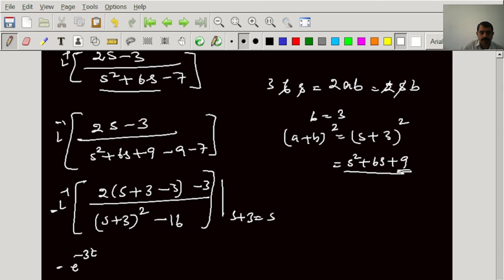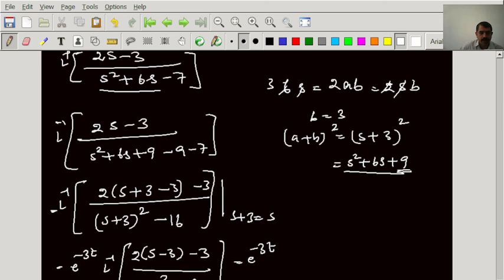Then s plus 3 is written as s and minus 3 is there, so it is in the bracket, so we write 2s minus 3, minus 3, one more minus 3 is outside the bracket, dividing by s plus 3 becomes s square minus 4 square. See, now this one e power minus 3t, multiplying the numerator, we can write it as 2s minus 6 minus 3 dividing by s square minus 4 square.